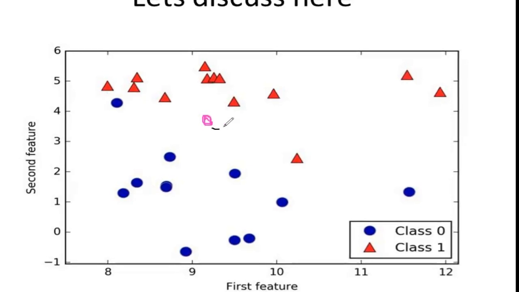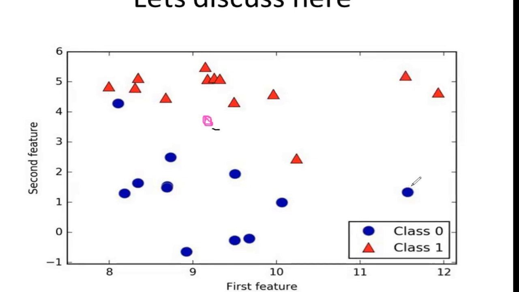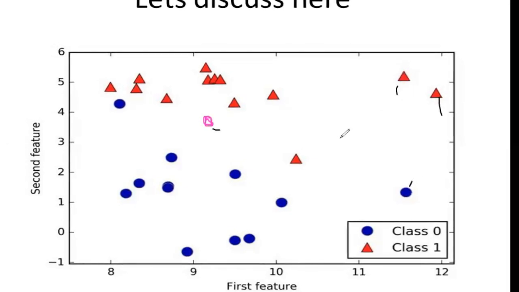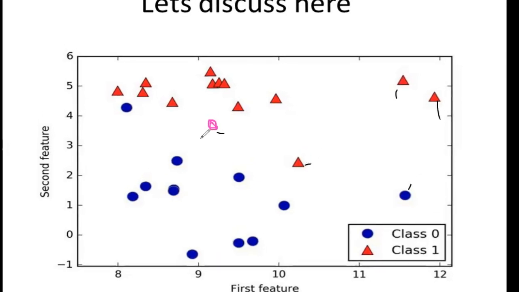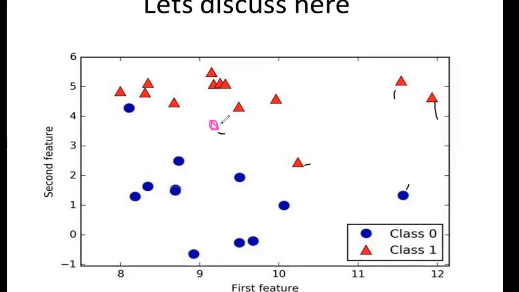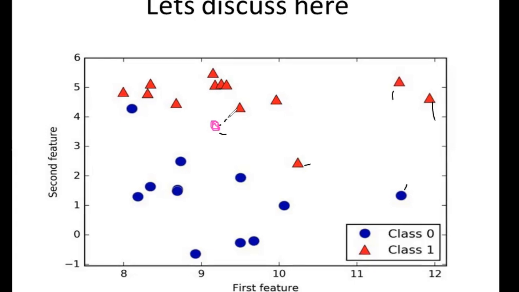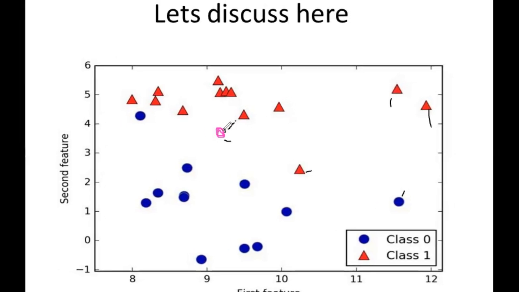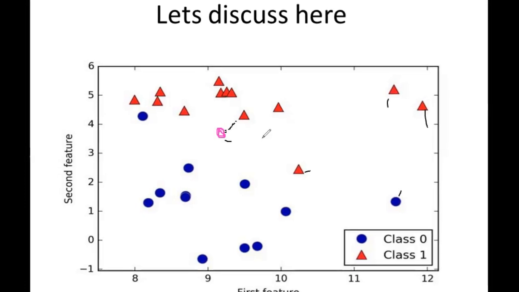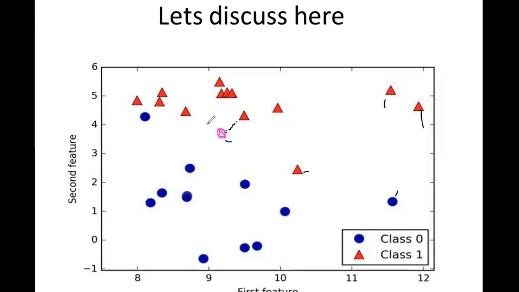This is the new data point, and all the other data points are the training data points. The model will calculate all the distances, and it is clear that this distance is the smallest. There is no closer data point than that.